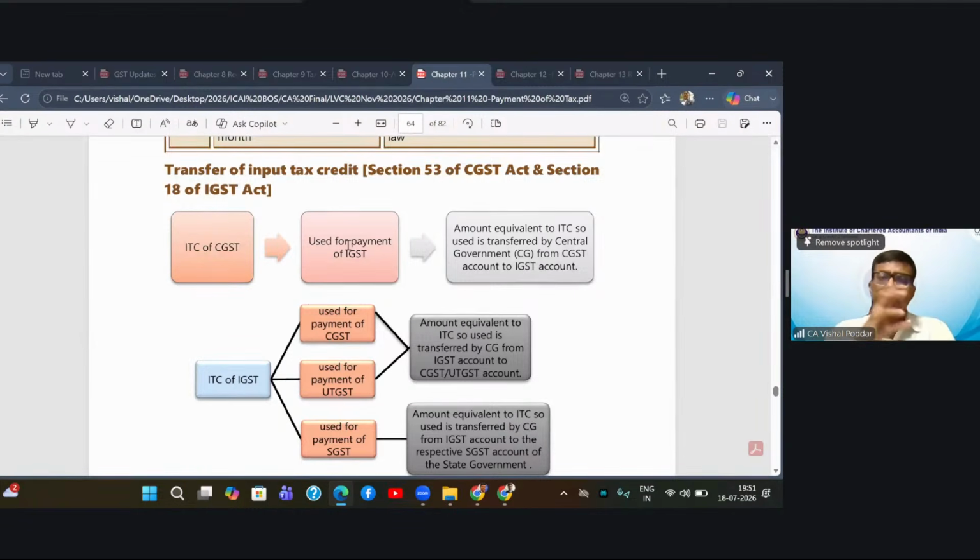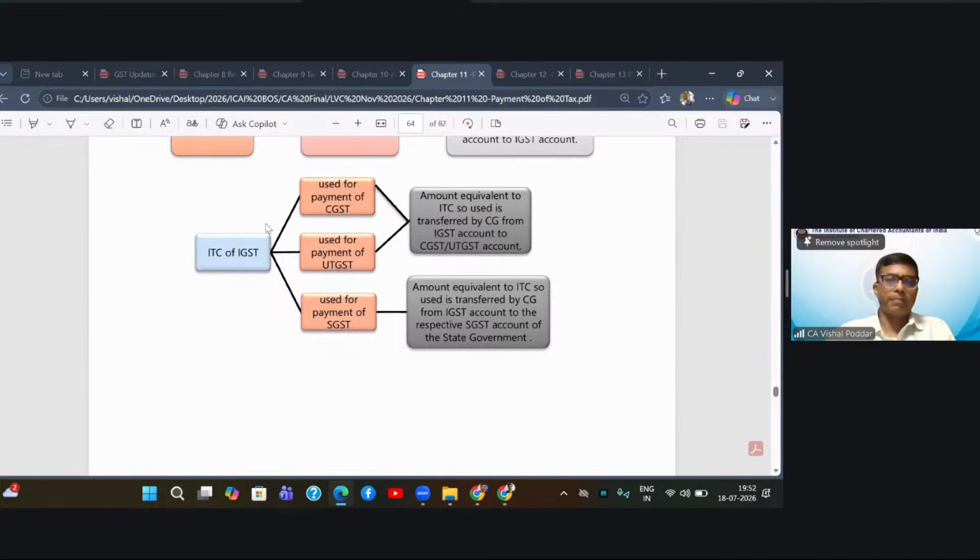So whenever I have ITC of CGST which I have used to set off IGST liability, the central government will shift the amount from the CGST account to the IGST account. Similarly, if IGST credit is utilized for CGST or UTGST, again both are with the center, so the amount equivalent to the ITC so utilized will be transferred by the central government from their IGST account to the CGST or UTGST account.